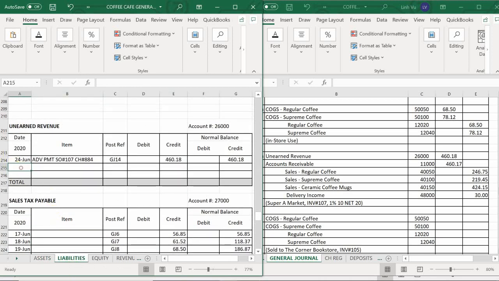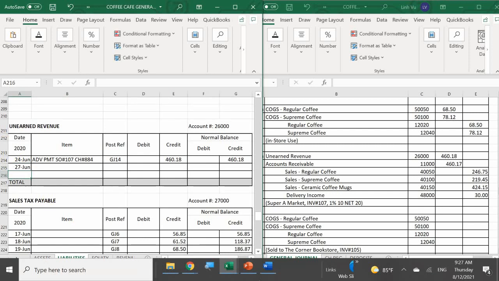Our date is 6/27. We just put invoice 107.